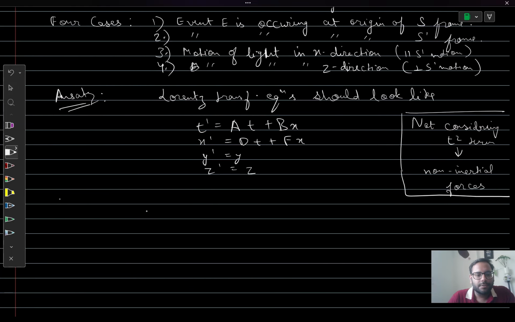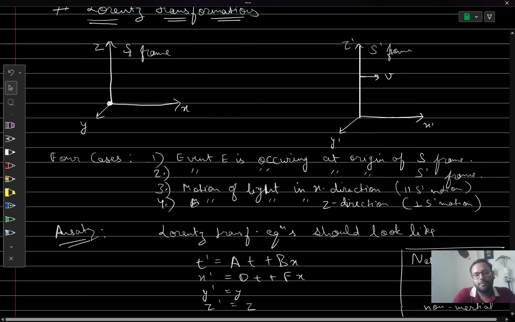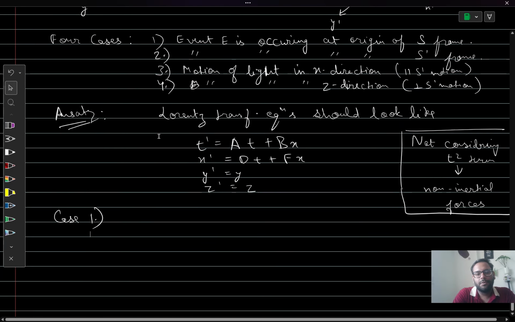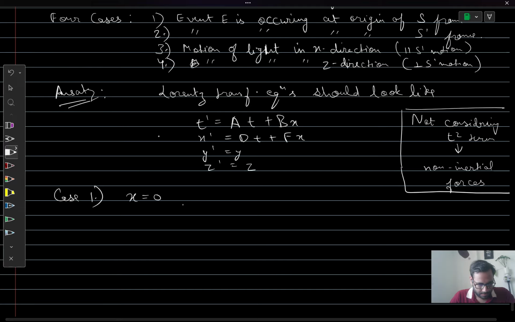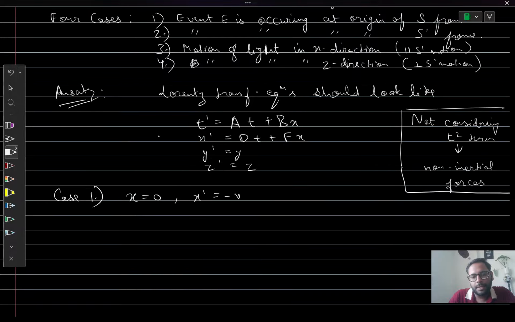Okay, so case 1. What is case 1? The event is happening at the origin of S frame. So what are the coordinates here? x equals 0, and x prime is equal to minus vt.